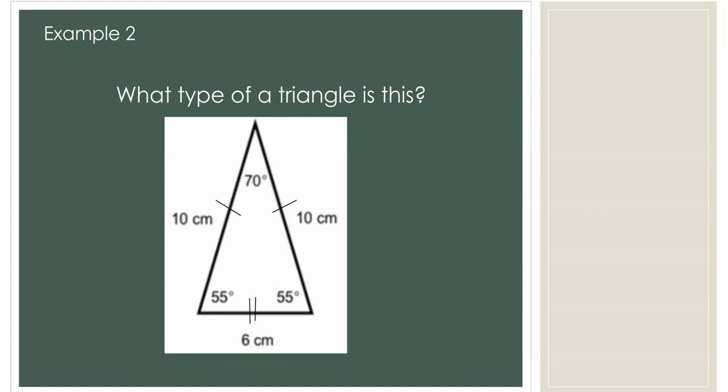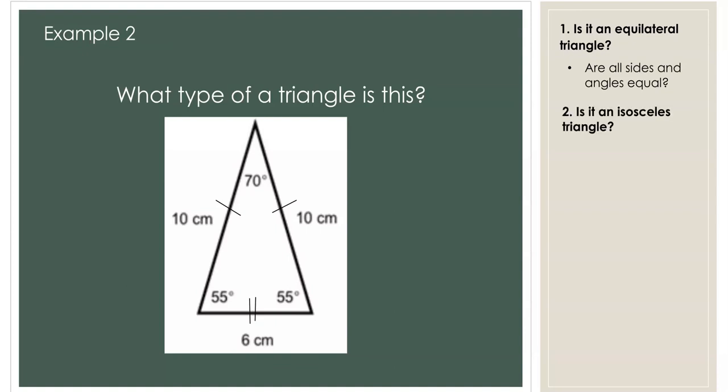Example 2. What type of triangle is this? Is it an equilateral triangle? Are all sides and angles equal to each other? Is it an isosceles triangle? Are 2 sides and 2 angles equal to each other? Is it a scalene triangle?